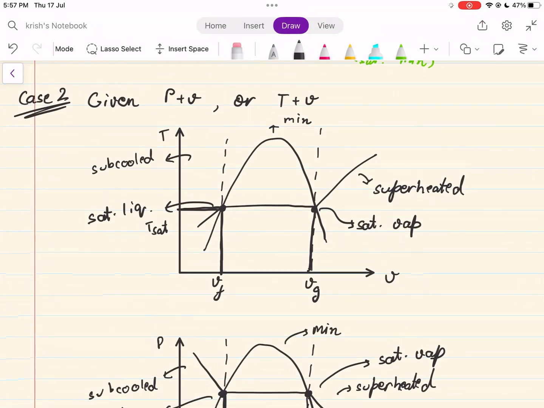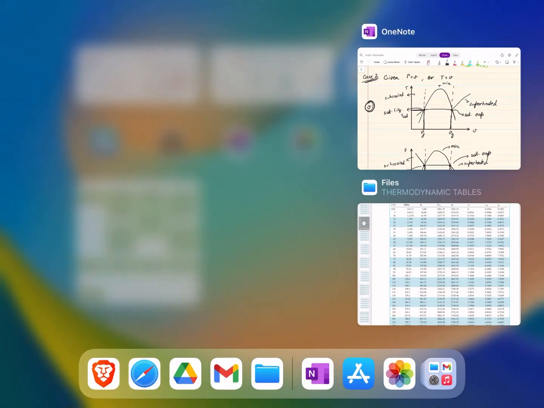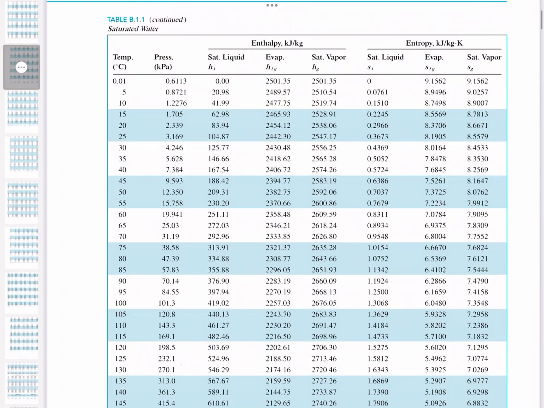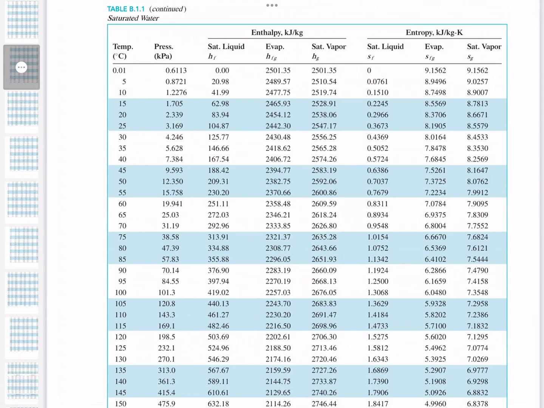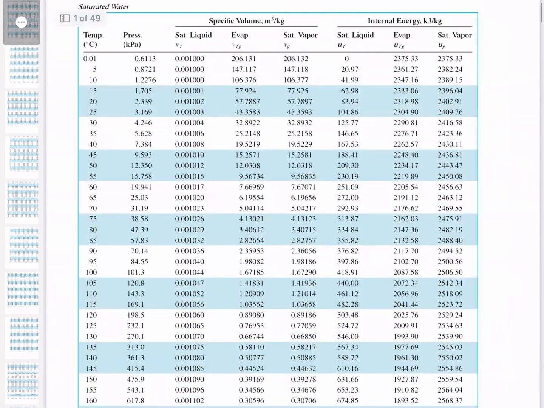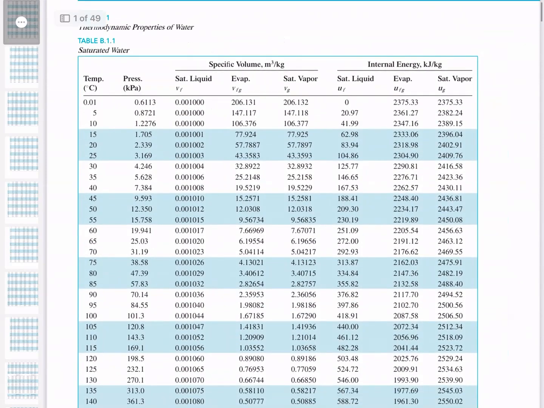Now let us say we have some given value of v. Let us refer to our table and go to 25 degrees Celsius just as an example. 25 degrees Celsius in B1.1. We can see the saturated liquid under vf is given.